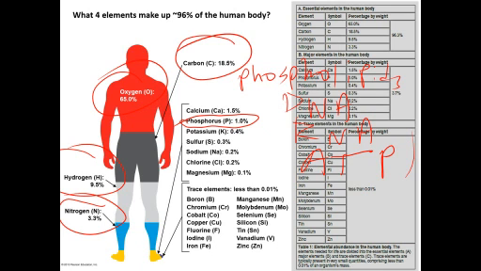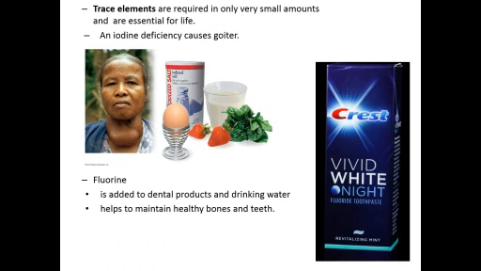And then we have our trace elements. Our trace elements are essential, but in terms of our diet, we only need a small amount of them. For instance, you have iodine. Iodine is important in terms of development of the thyroid.